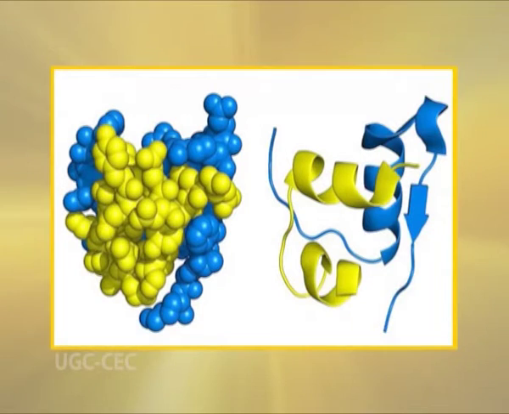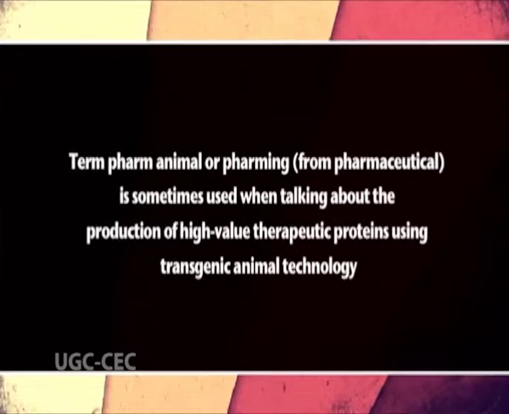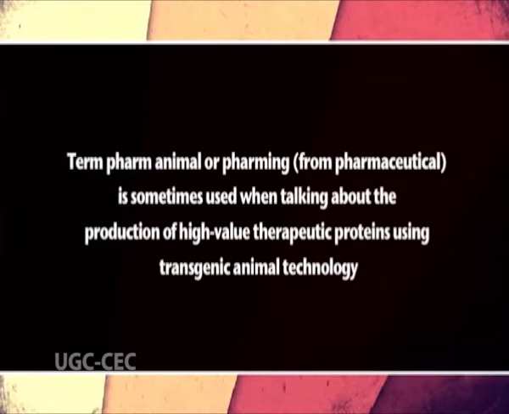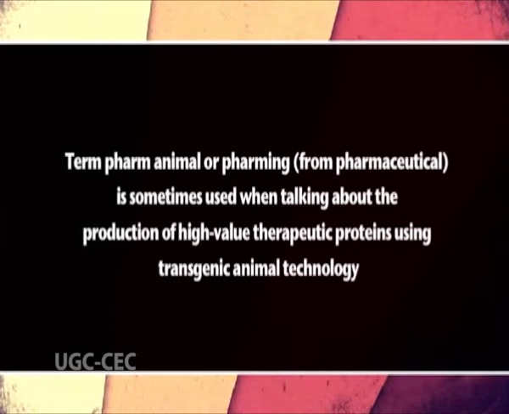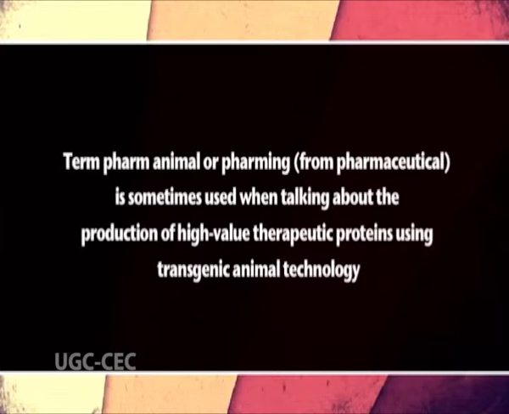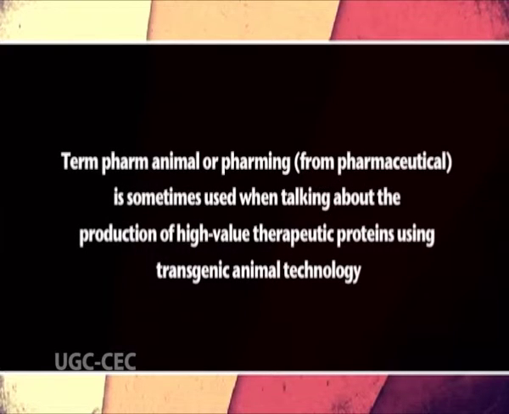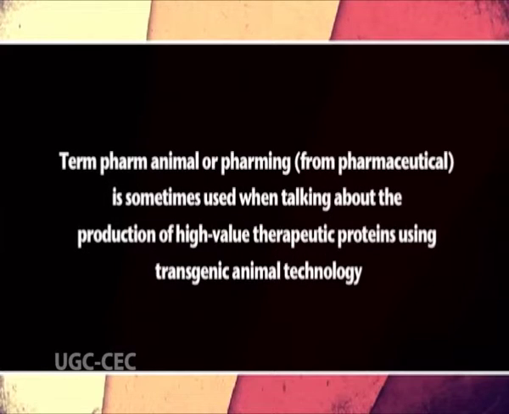The use of whole animals for the production of recombinant protein is a further possibility, and this has already been achieved in some species. The term farm animal or farming for pharmaceuticals is sometimes used when talking about the production of high-value therapeutic proteins using transgenic animal technology.